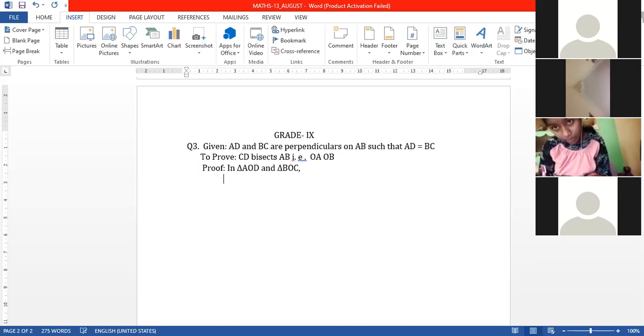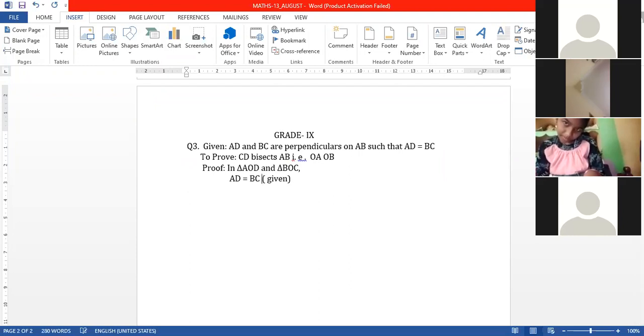In triangle AOD and BOC, students, you are observing, first thing he has given AD is equal to BC. Note down. AD is equal to BC, given, already given in the question.